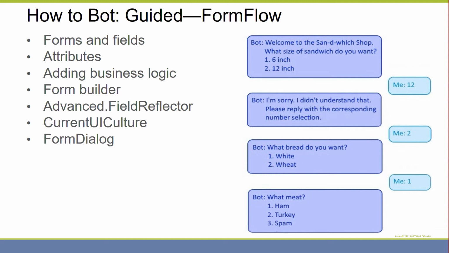Then at the end, you can use the field reflectors, which allows you to take what input you've been given on the fields and basically reflect them and put them in the bot's response. And so let's say at the end, the bot wants to make sure that this is the sandwich you want to order. It knows all the different orders that you have for all the fields and is able to output those and ask you, is this really what you wanted? Then, of course, there's the current UI culture, which allows it to be multilingual and make rules for that. And this is all within the form dialogue.